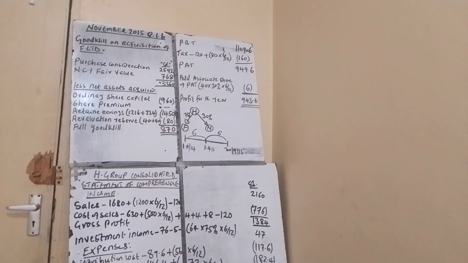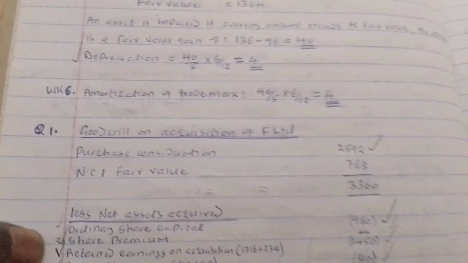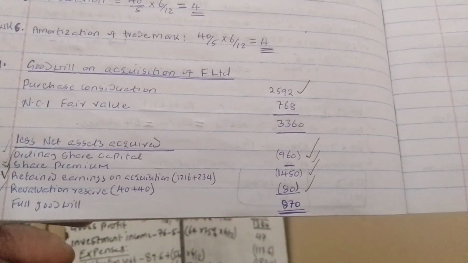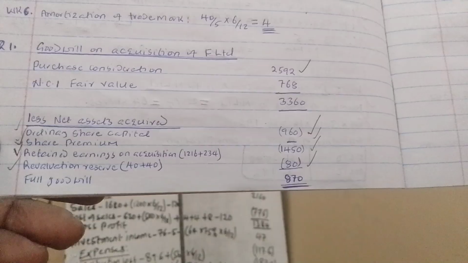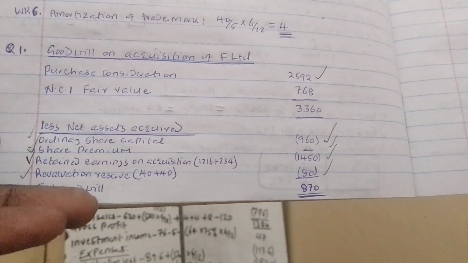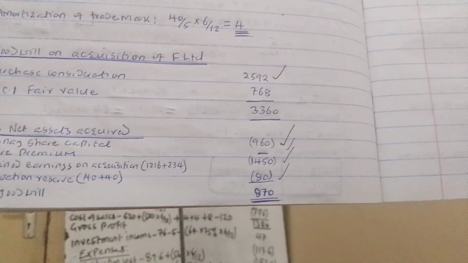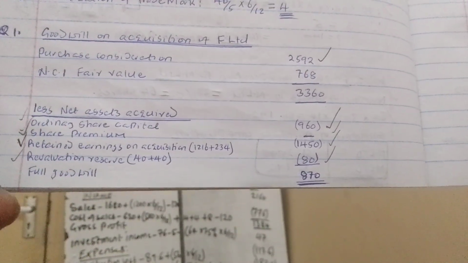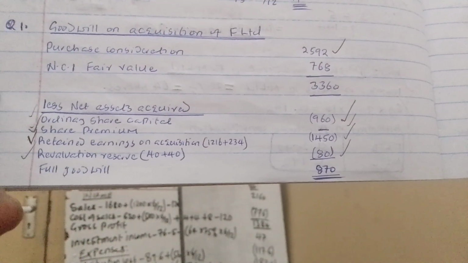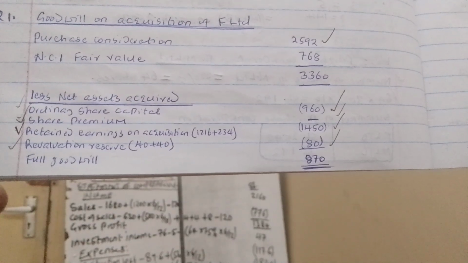Now if you look at our workings for the retained earnings on acquisition, we have taken 1216 plus 234. The 1216 is the profit as at the start of the year.